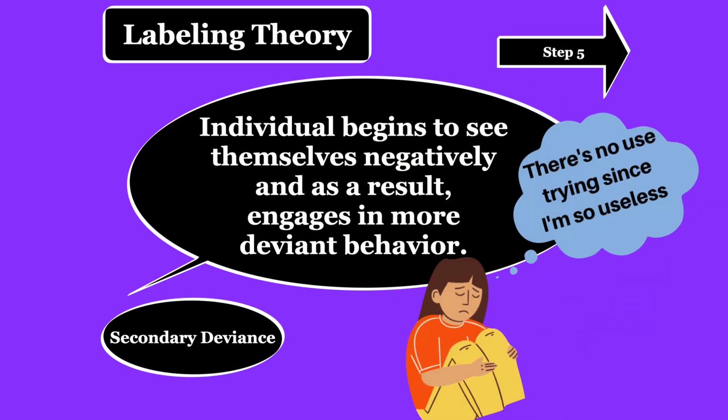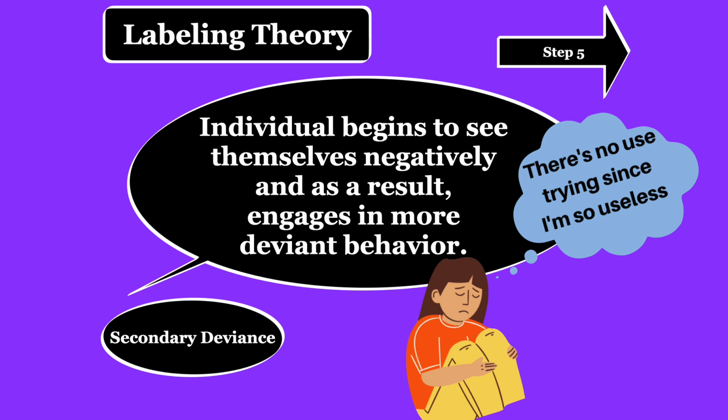And as a result of this limited opportunities, or the shrinking of opportunities, the individual begins to see themselves negatively. They have a sort of psychological reorientation. They actually begin to see themselves as this negative label.